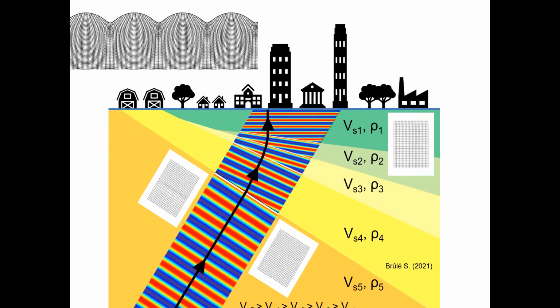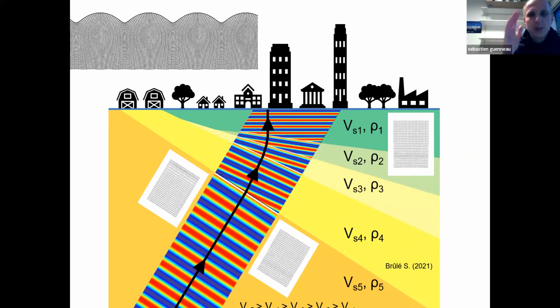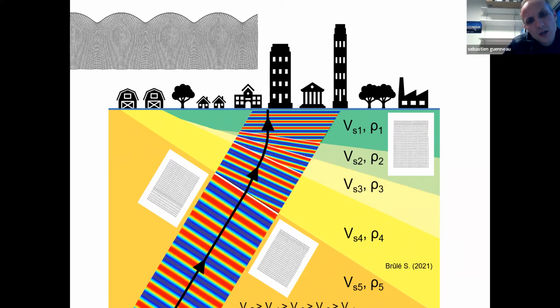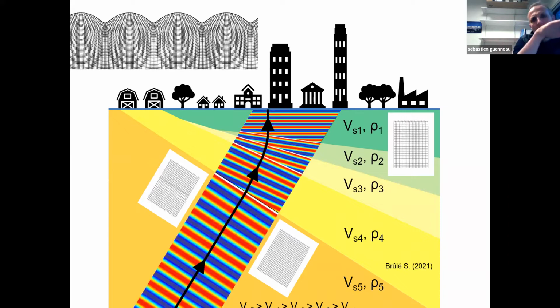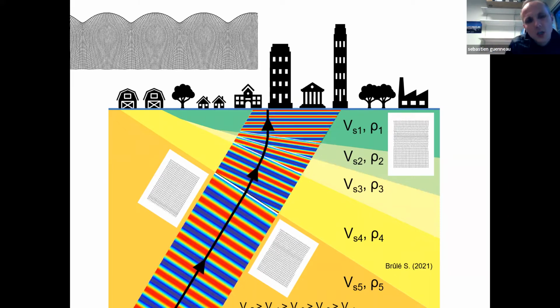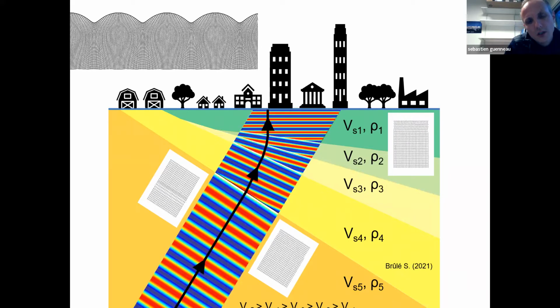I have another elementary question. So this is one scenario which is very important, but of course you have the other scenario when you have a Rayleigh wave on the surface. Which of these two is the most destructive?